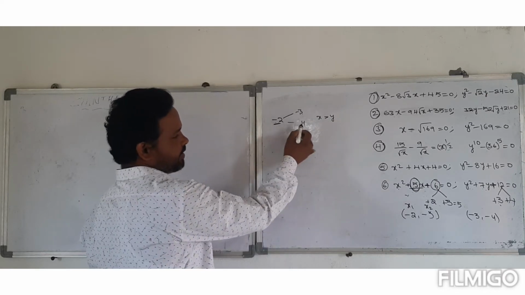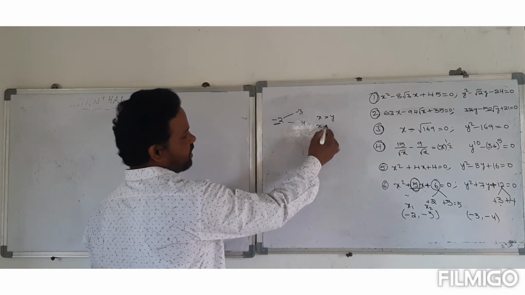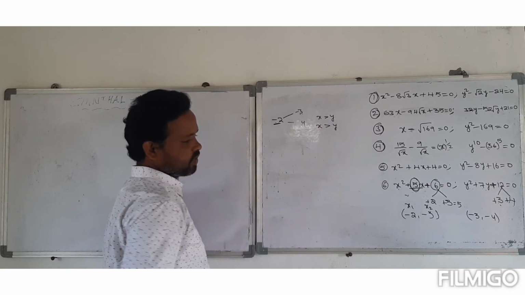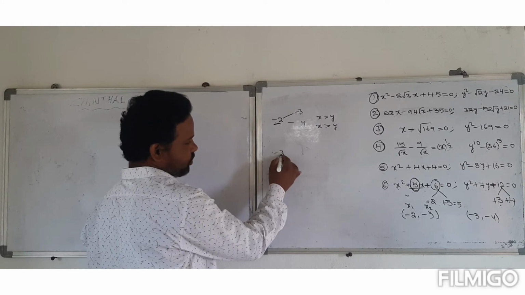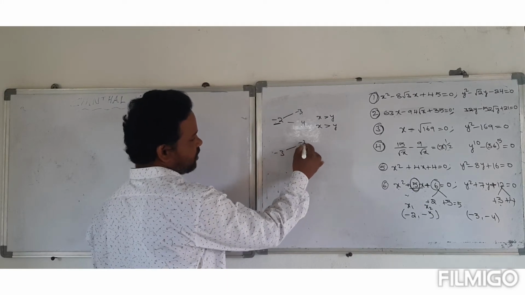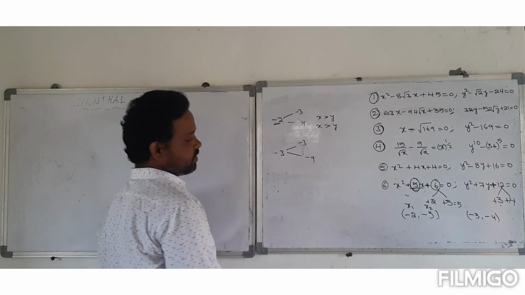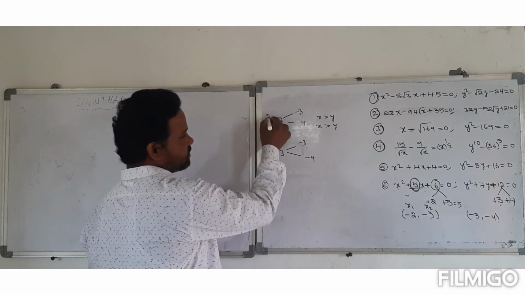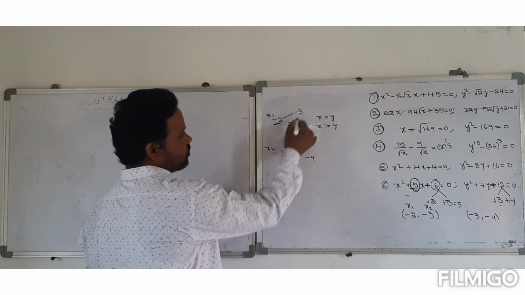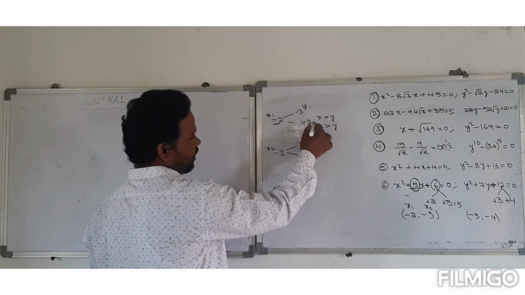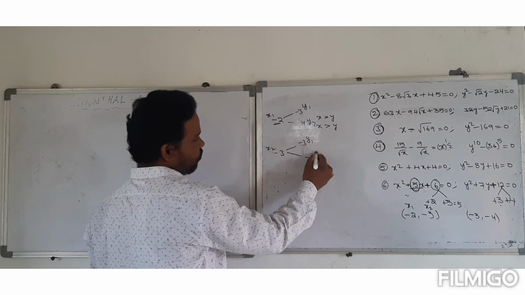Minus 2 and minus 4: x is again greater than y. In the second case, minus 3 to minus 3 and minus 4: here it is x1, here it is x2, and here y1, y2.